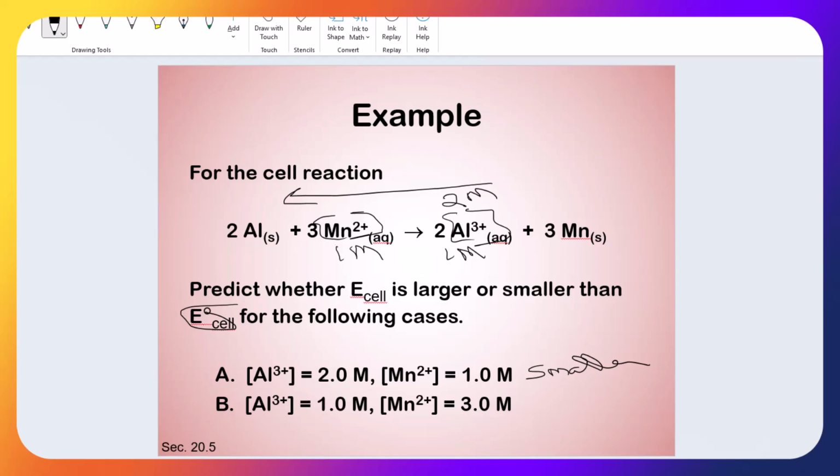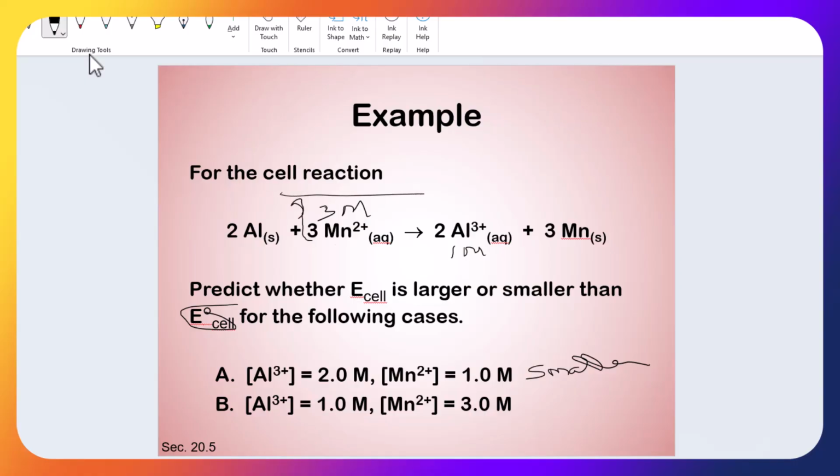On the other hand, let's go back to it. For B, this remains at 1 molar, but we're going to up the concentration of our reactant to 3 molar. So we've increased a reactant.